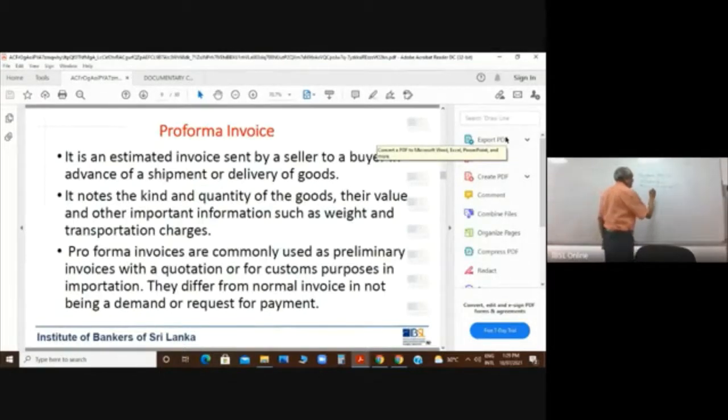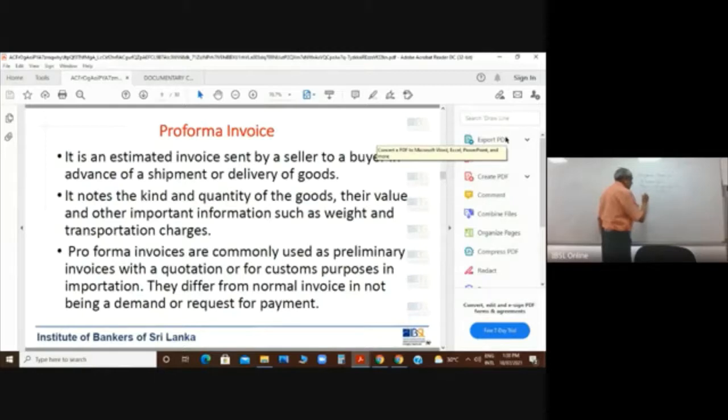Then for the full amount, US dollars 50,000. Right? Value US dollars 50,000.